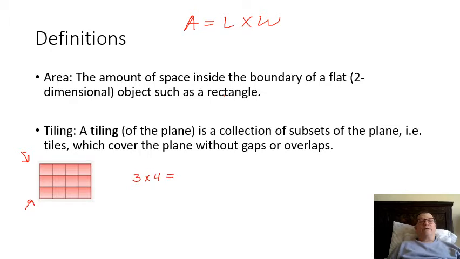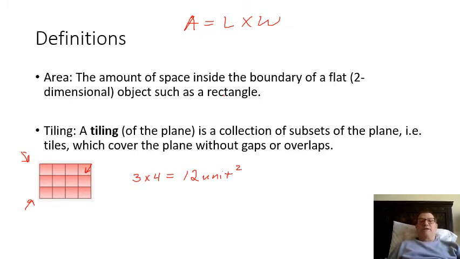We multiply these together and we know we get 12. So that's 12 units squared. Our unit happens to be the size of this square right here. We're not saying centimeters, inches, feet. All we're doing is just saying units, 12 square units to make that rectangle.